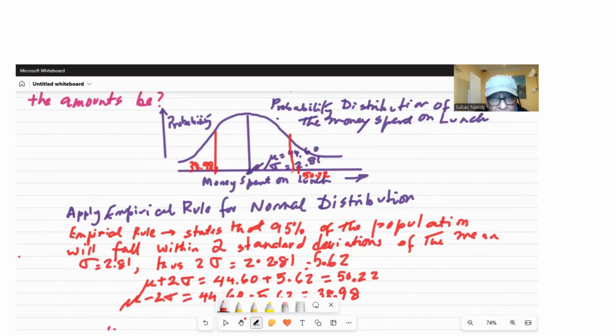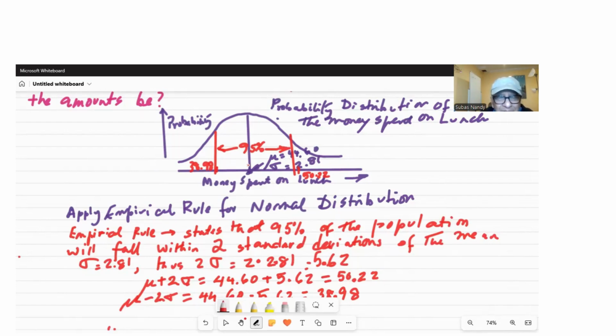Now we will draw 2 vertical lines, one over here and one over here approximately. Of course, my drawing is not the greatest, but you get the idea. I draw 2 vertical lines from the horizontal axis at those 2 values and extend them up to the bell-shaped distribution. According to the empirical rule, 95% of the population will fall between 38.98 and 50.22.